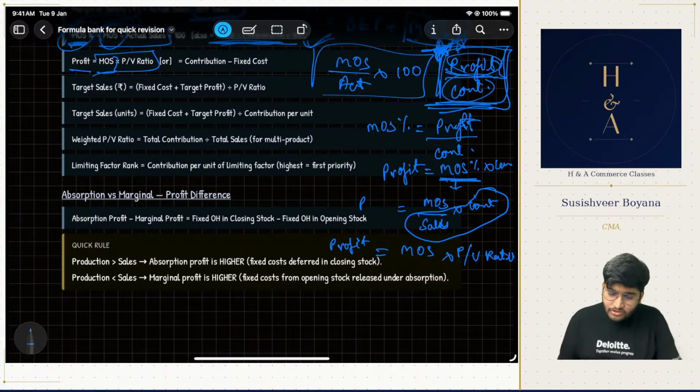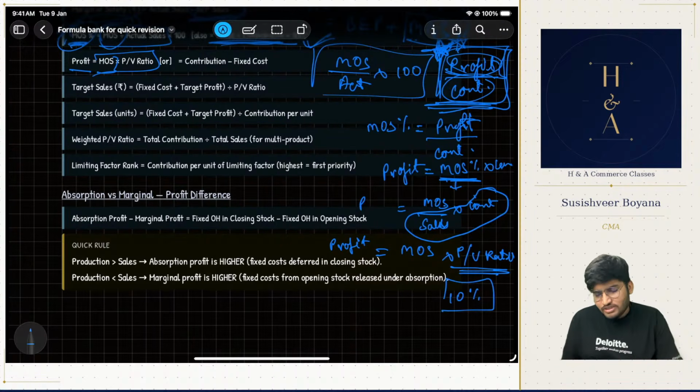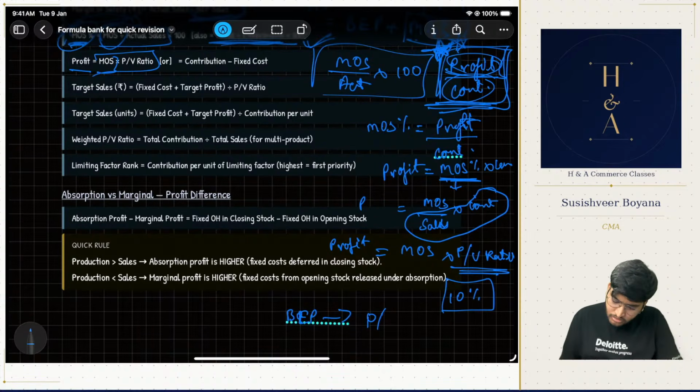What did I tell you before? So PV ratio is a percentage of profit on sale, yes or no? When I know that BEP doesn't give me profit or loss, that is no profit or no loss, then MOS being the other part is going to give me profit.